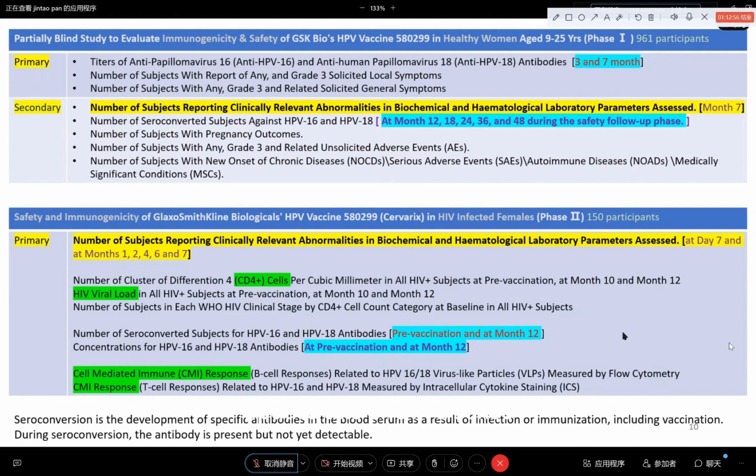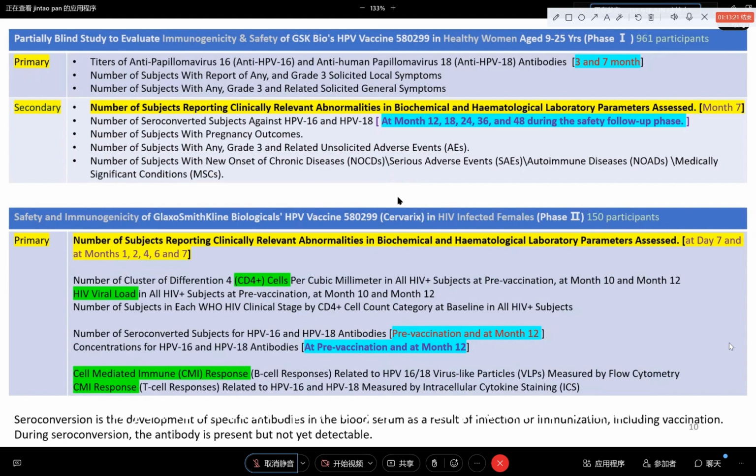This one tells you whether the subject has seroconverted or not. And then the next part, subjects with pregnancy outcome. The second last one is related unsolicited adverse events. And then onset of chronic disease, serious adverse events, autoimmune disease, medically significant conditions.